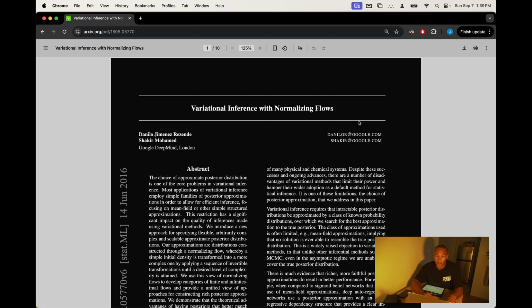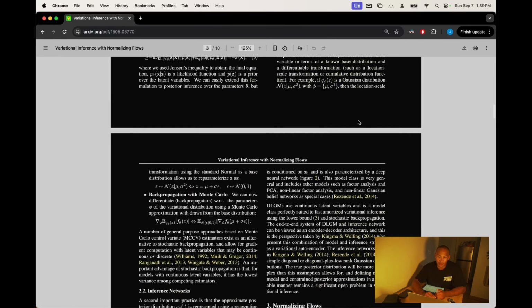Okay. This is the paper where discrete normalized flow was introduced. It's the seminal paper, Variational Inference with Normalizing Flows.